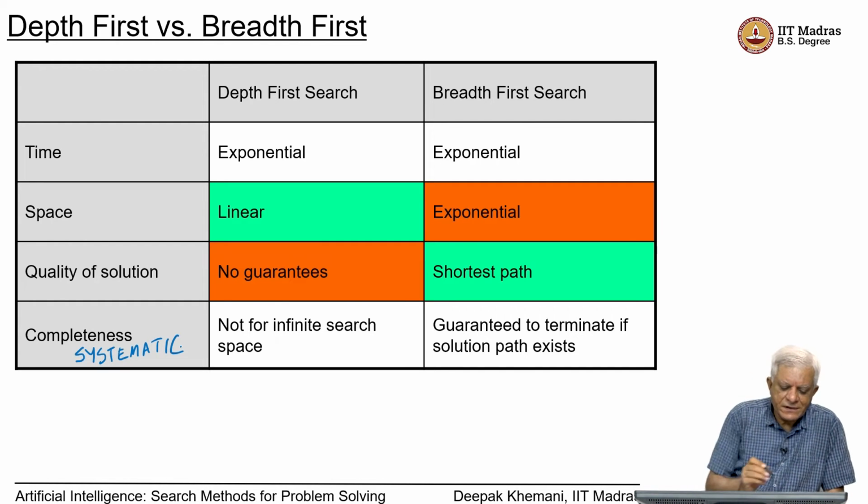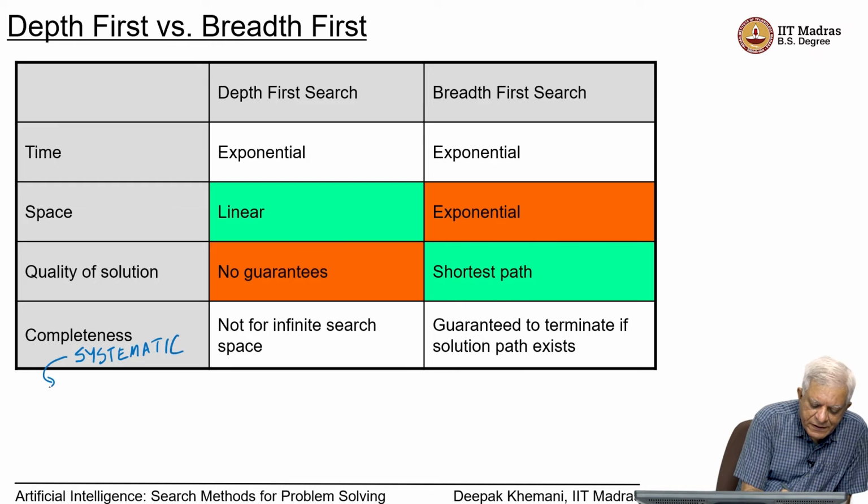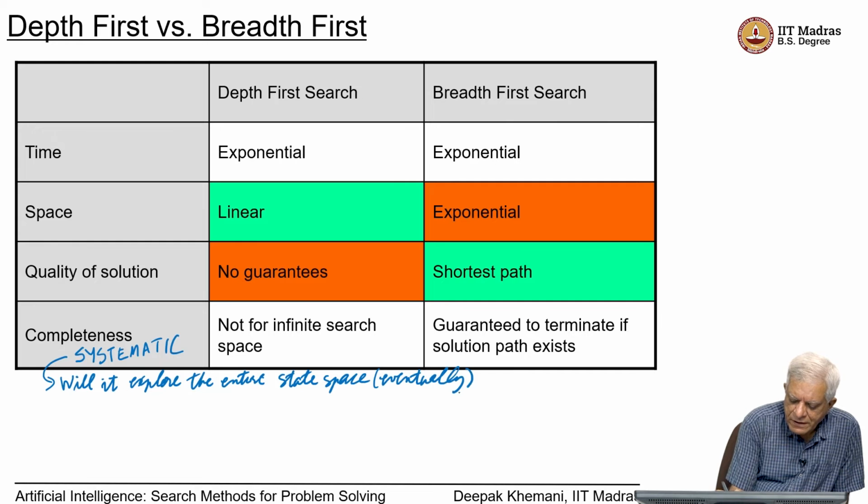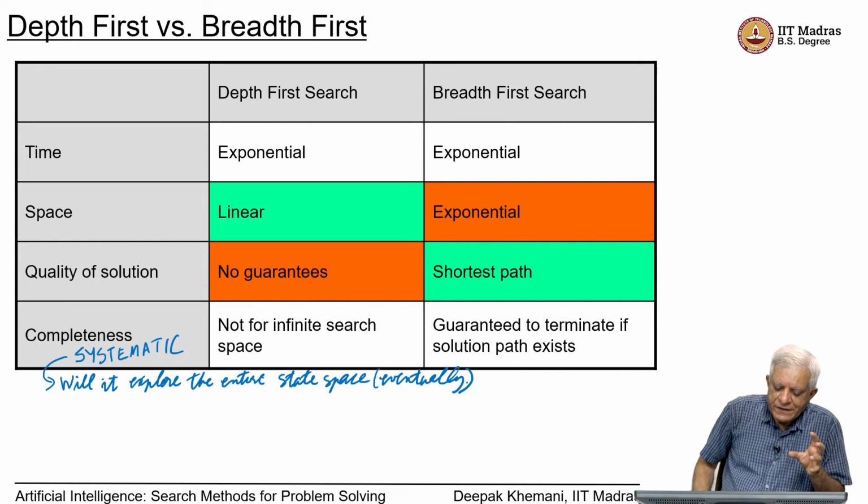And by systematic, we mean that will it explore the entire state space eventually, which means that, in other words, if there is a path to the goal node, will it find it.